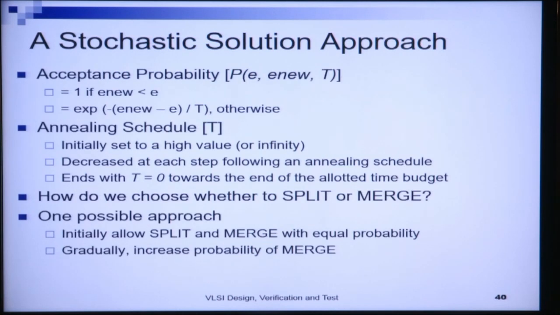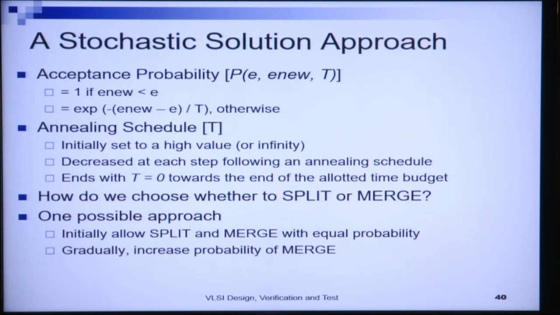And what does this value mean? When E new is greater than E, that means the new area cost is higher than the current area cost, then this value is 1 by e to the power (E new minus E) by T. This value will be higher when T is very high.